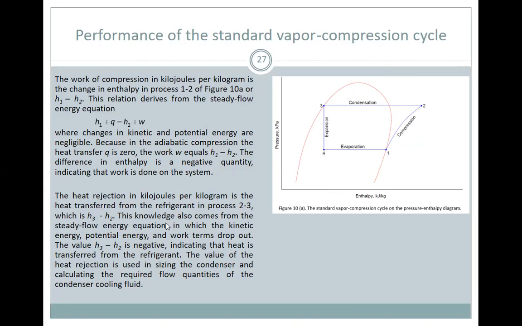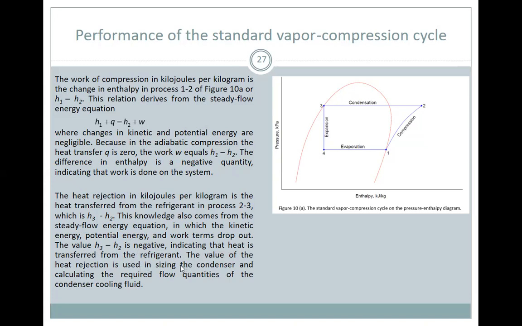This also comes from the steady flow energy equation in which the kinetic energy, potential energy, and work terms drop out. Kasi wala namang work sa condensation. The value h3 minus h2 is negative, indicating that heat is transferred from the refrigerant.